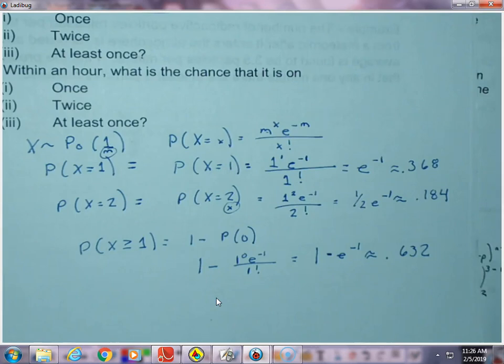So the probability of 0 is the same as the probability of 1 in this situation? Yes, it is, because the average is 1.